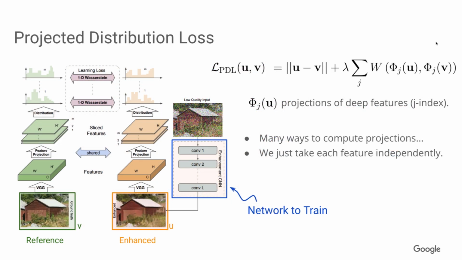We train deep image restoration models by minimizing a combination of a pixel loss and our distribution loss. The distribution loss is an average of the 1D Wasserstein distances between the independent distributions of deep features extracted from a pre-trained VGG network. Please check our paper for more details.